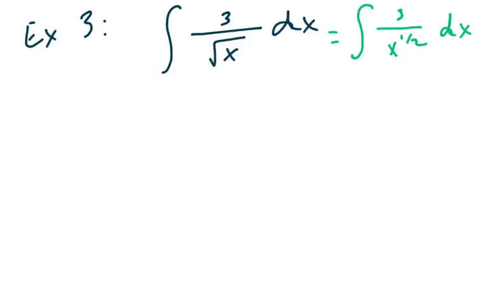All right, so I have to rewrite this one more time where it's going to be most beneficial for me, and the most beneficial setup for me is when I can deal with just having a power rule antiderivative. So what does that mean I'm going to do? I'm going to bring this term up to the numerator, and that means the sign of my exponent is going to change. So the 3 stays, but that x to the 1/2, when I bring it up to the numerator, is going to become x to the negative 1/2 power.